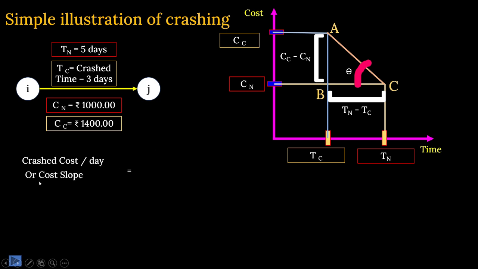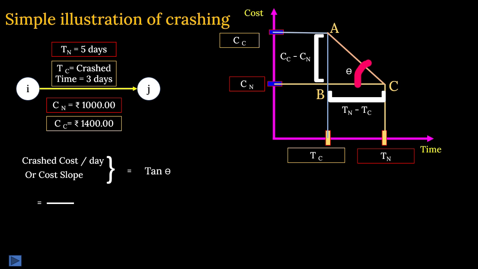Or it is known as the cost slope or crash cost per day, which is represented by tan theta. AB is the perpendicular, BC is the base. So perpendicular by base, this angle, is known as tan theta. Fine.